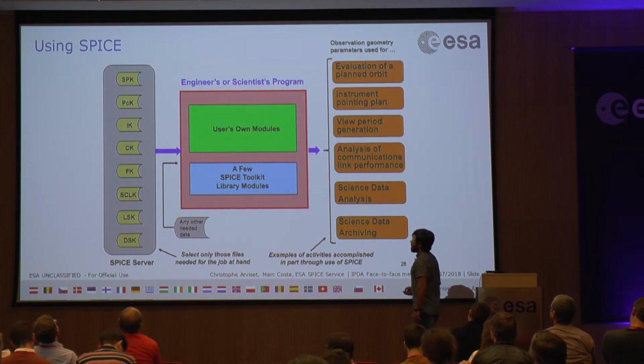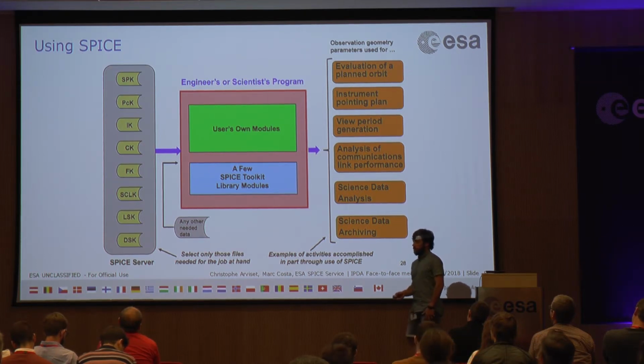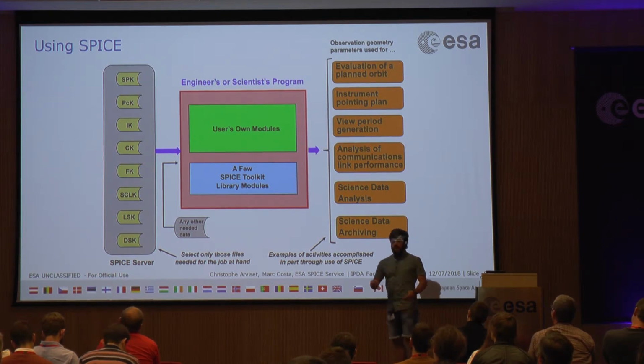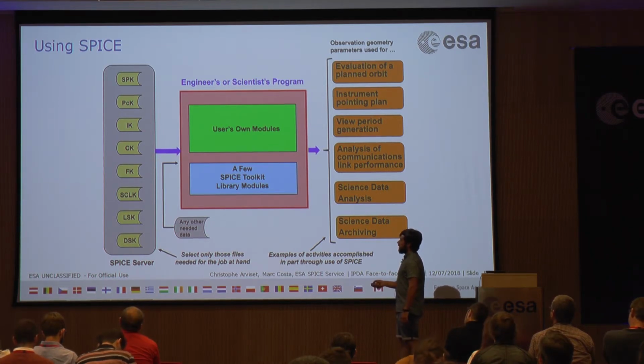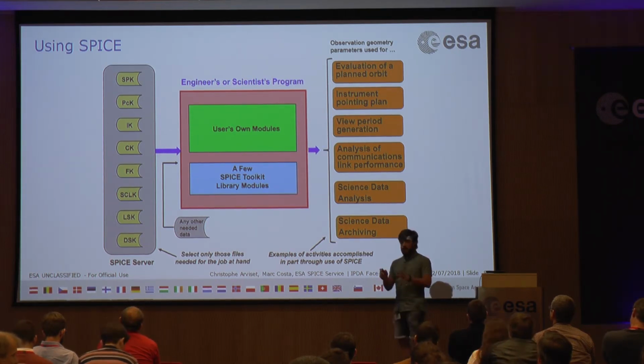So how do we use SPICE? We take the different data types that we need, which will probably come in a single directory or as a single Git repository, in the case of these planetary missions, or somewhere. You'll have a list of files that you have to load, and basically you're going to use a few of the SPICE Toolkit library modules.